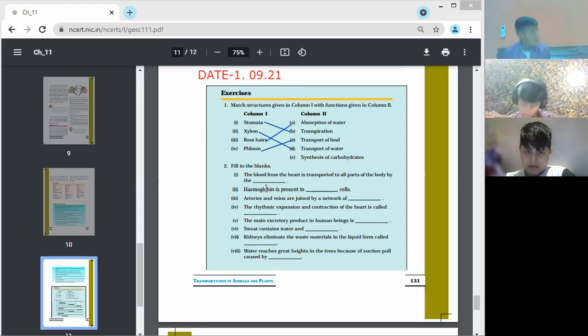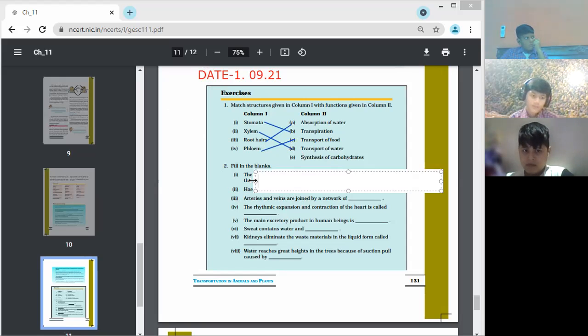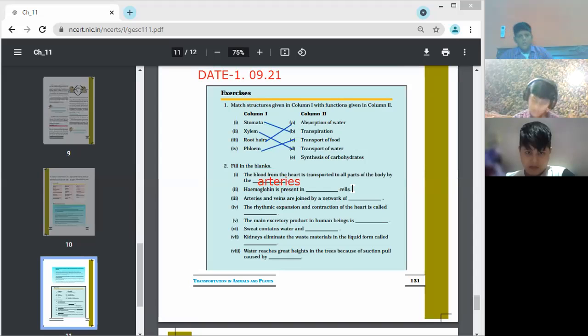Filling the blanks. Blood from the heart is transported to all parts of the body by arteries. Second, hemoglobin is present in RBC, red cells.